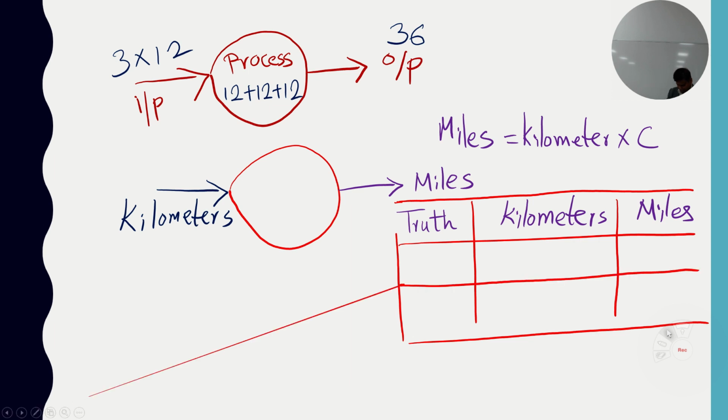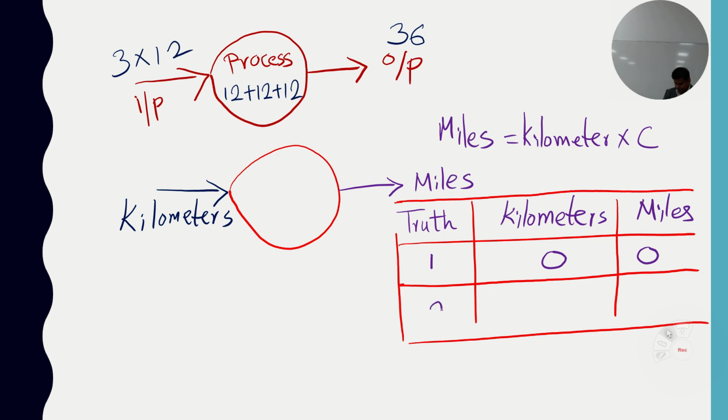So coming back to these true values, the first true value we are sure about is that when kilometers is 0, your miles are also 0.